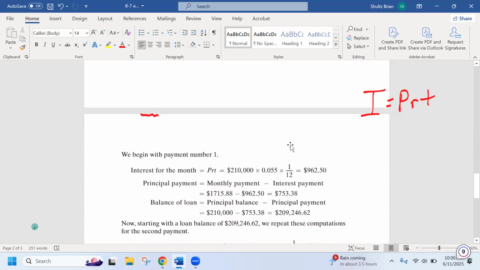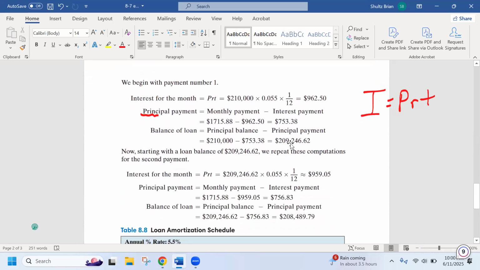So I'm going to come down here. Let's begin with payment number 1.